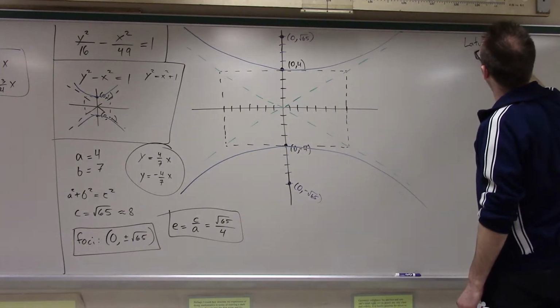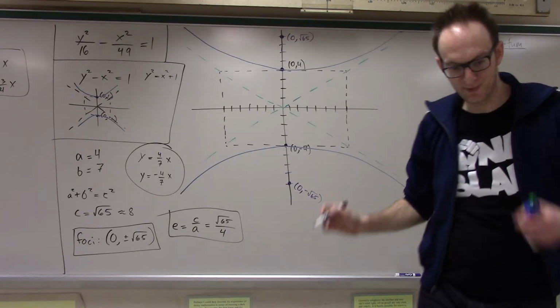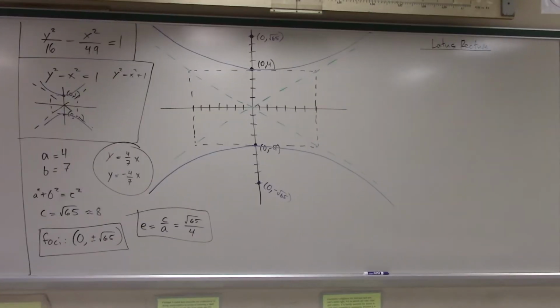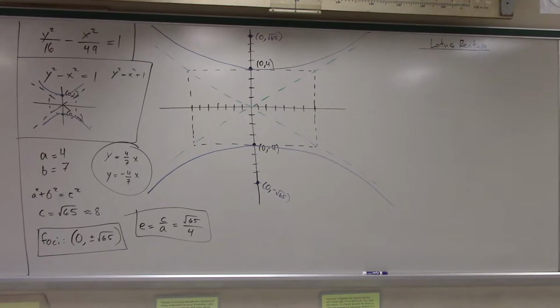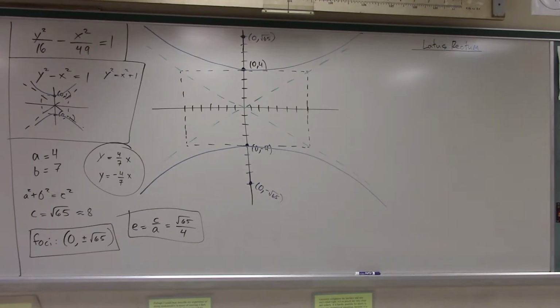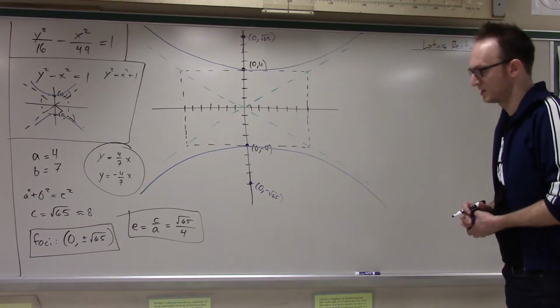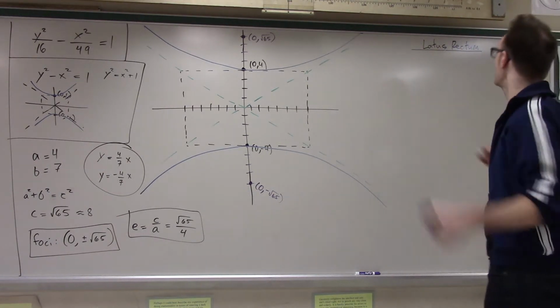In general, the latus rectum of any hyperbola or ellipse is the chord through the focus perpendicular to the main axis of the thing.